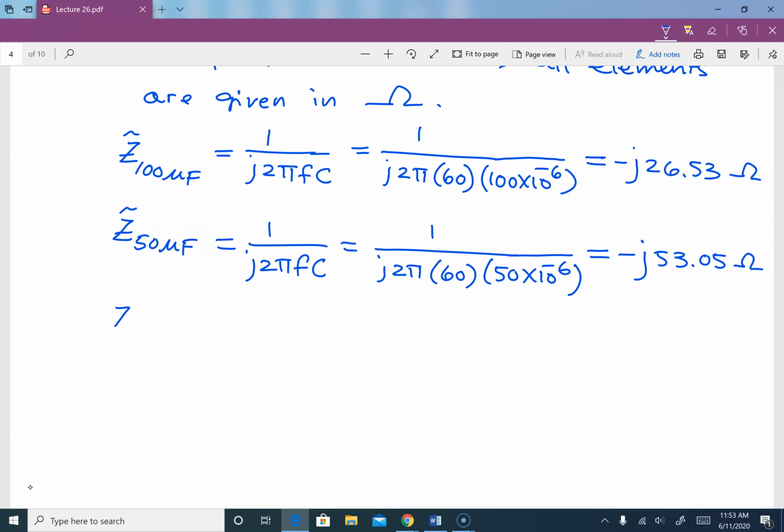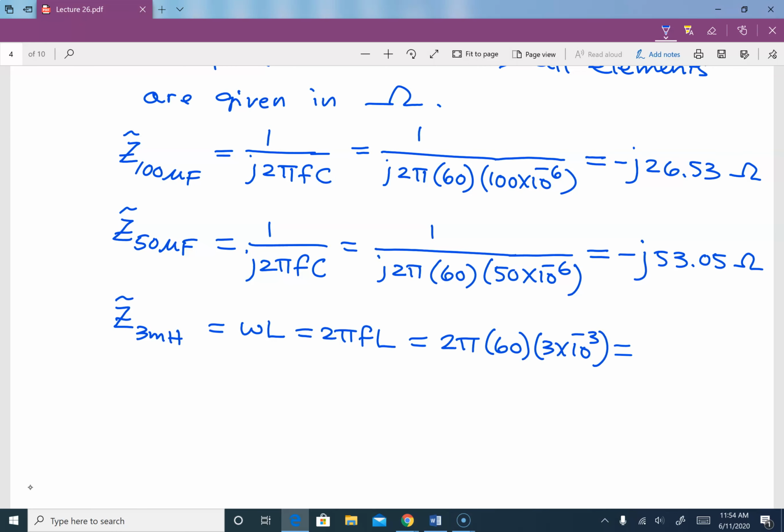Then we need to find the impedance of the 3 millihenry, and that is omega L, right, which is 2 pi FL, and that is 2 pi times 60 times the value of L, which is 3 times 10 to negative 3. Then we will end up with a positive J 1.13 ohm.